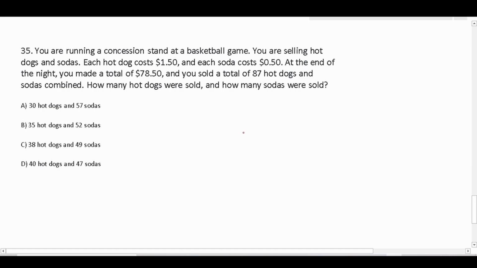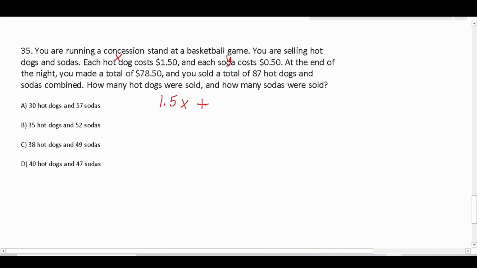So let me go ahead and try to make it a little bit easier. I'm going to call hot dogs X and soda Y. Let's start right here. Each hot dog cost $1.50 and each soda cost 50 cents. So that, in terms of an algebraic equation, looks like this.